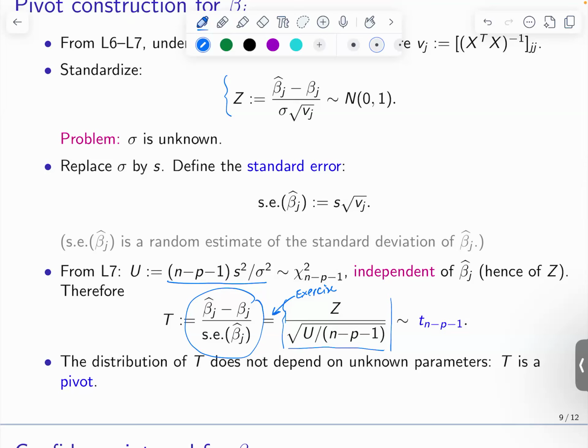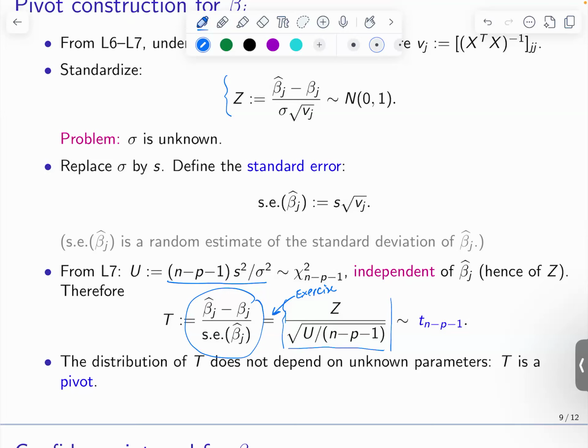It's known, you can calculate the density and quantiles, and everything is tabulated or in the software. But for us, it's just the fact that once you have this form, you can easily see that it doesn't depend on any unknown parameters. So we have constructed a pivot.